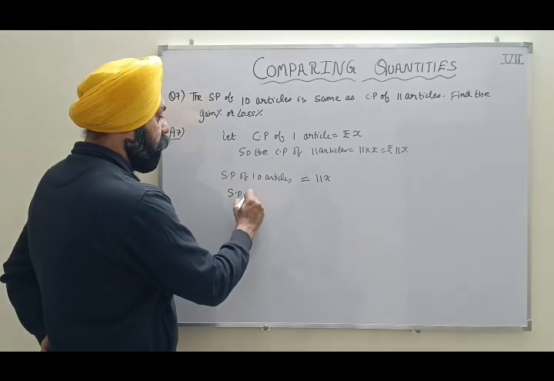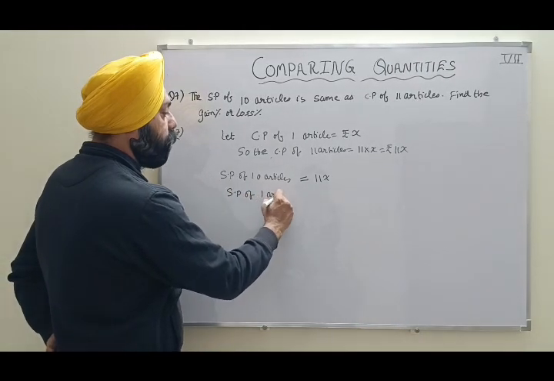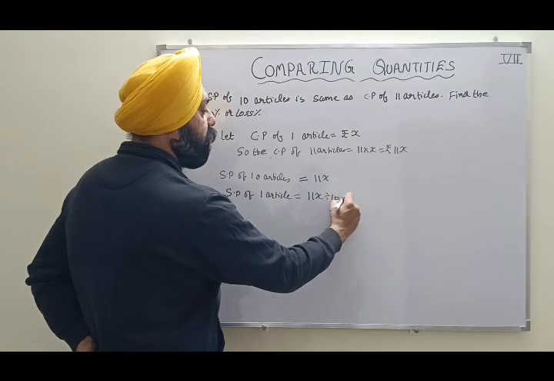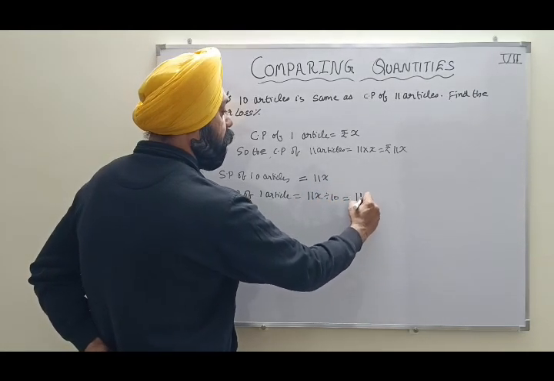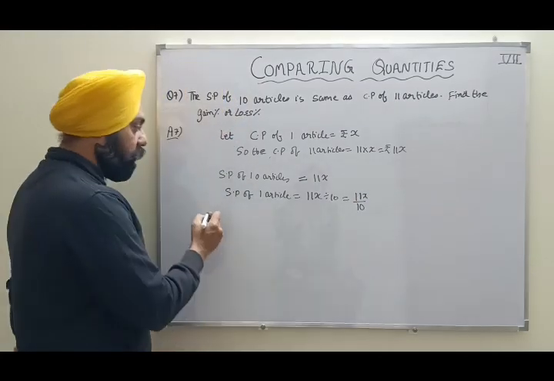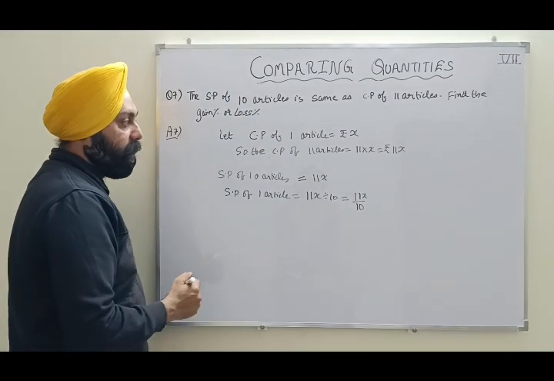So SP of one article is equal to 11X divided by 10. We can write it like 11 upon 10X. Now we can compare again.